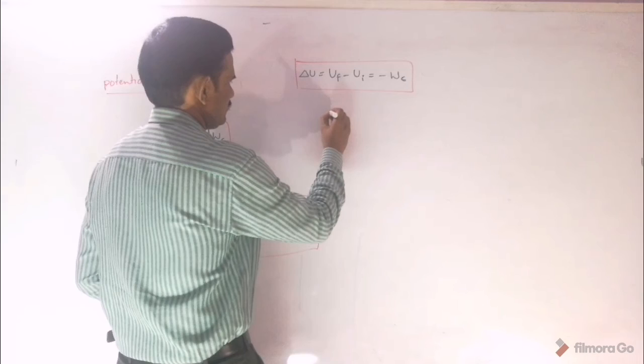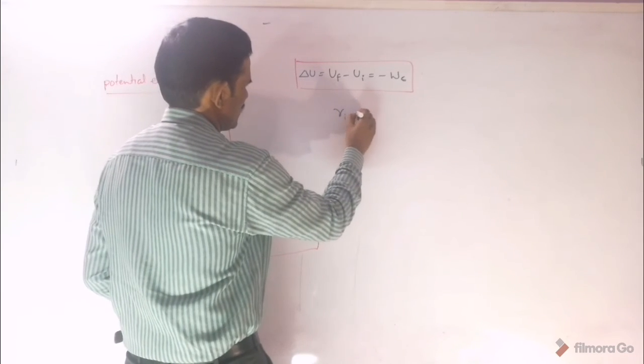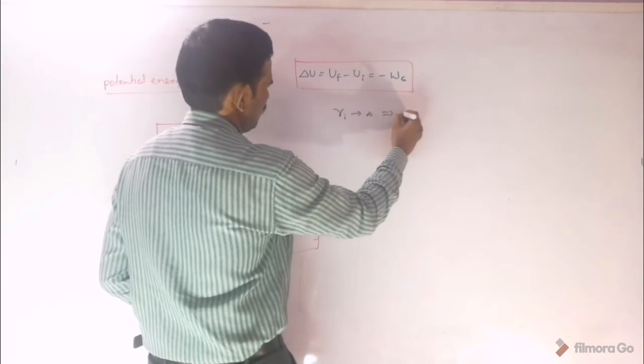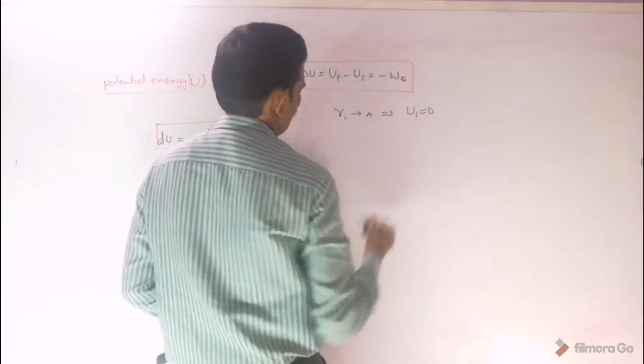That means R initial is taken to be infinite, so that U initial is equal to 0.